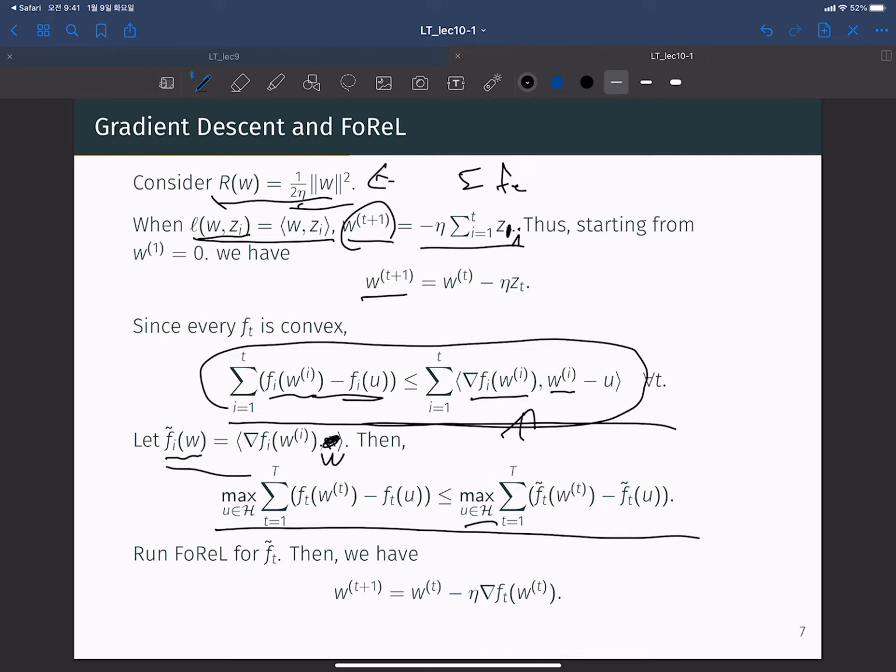Here I just rewrite the inequality using f tilde. And since this inequality holds for every u, we can put the max sign here.